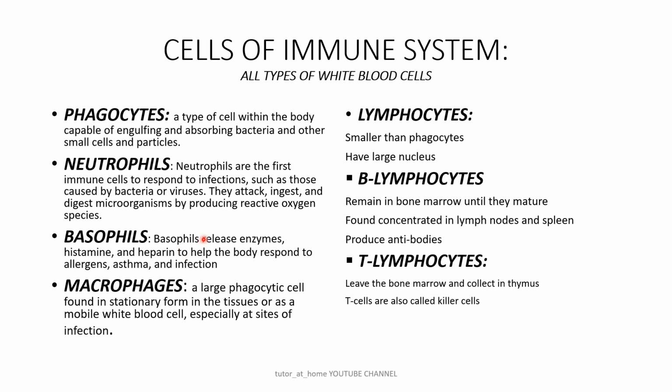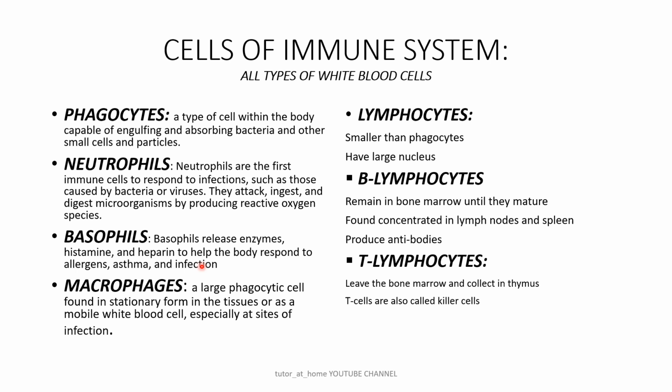Then come the macrophages. Macrophages in their early stages can be referred to as monocytes. I'm sorry, I was mistaken, they are not eosinophils. Mature monocytes can be referred to as macrophages.